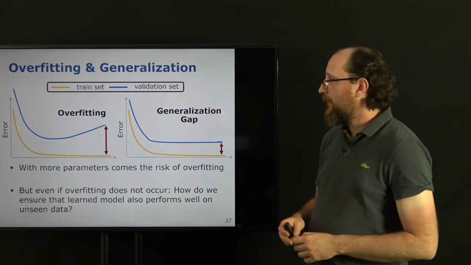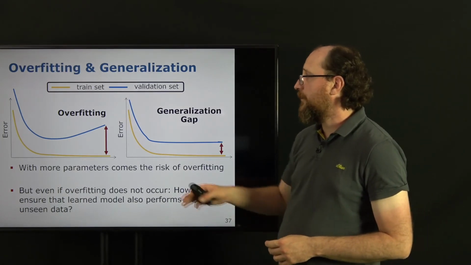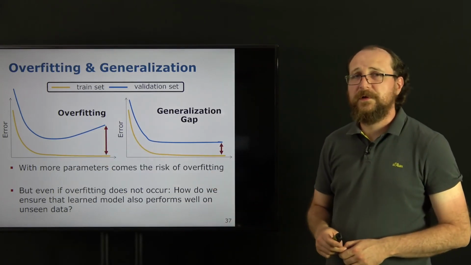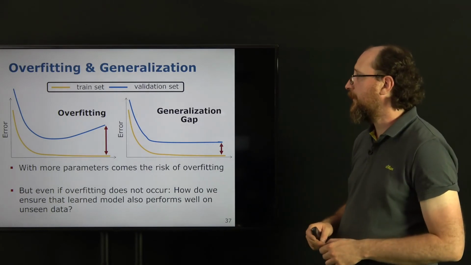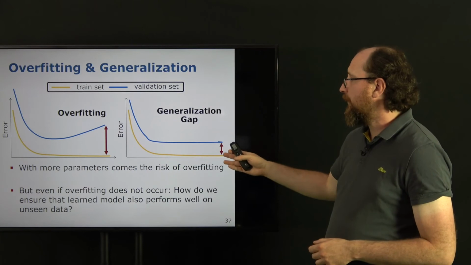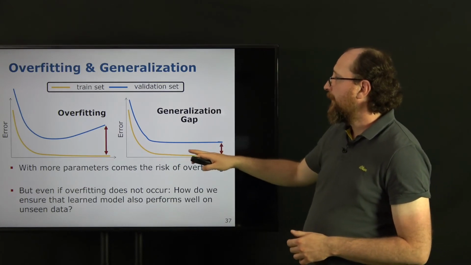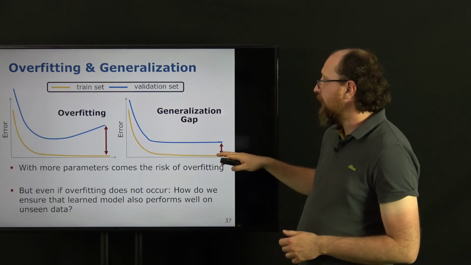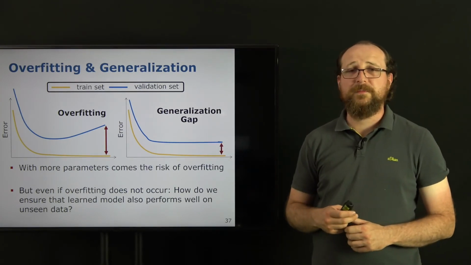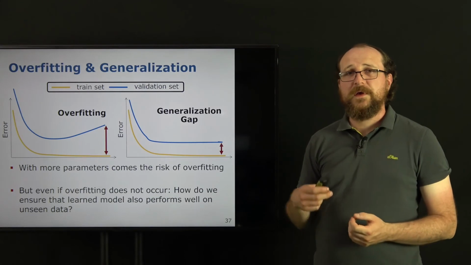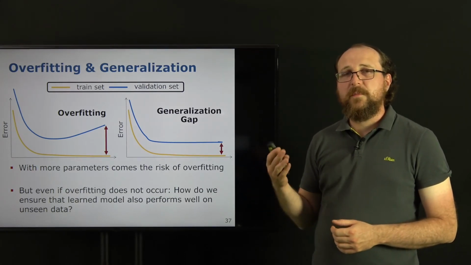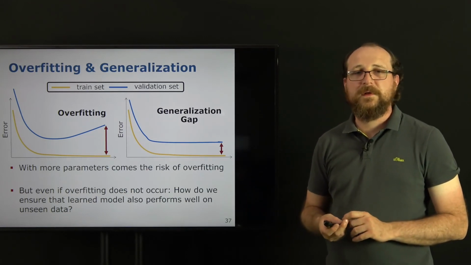So one common strategy is to stop at a specific point, the early stopping strategy that we also talked about in the tutorial. But what you also want is for the gap between the training error and the validation set error to be as small as possible. So you want a model that also performs very well on unseen data.